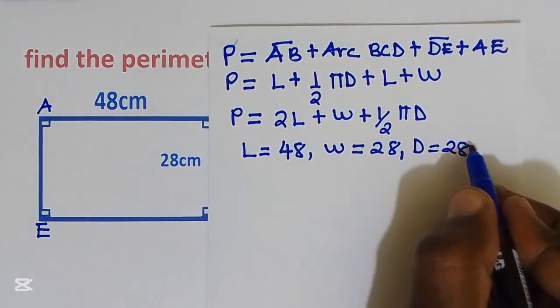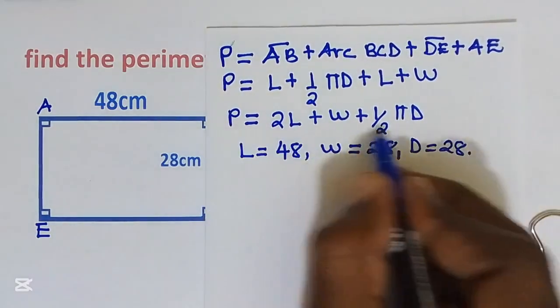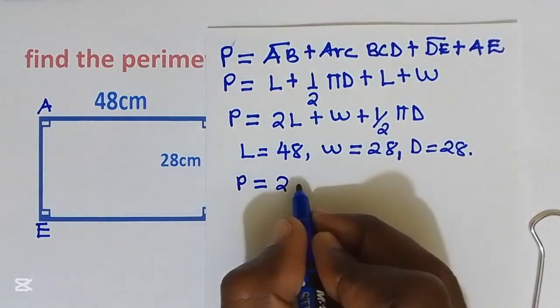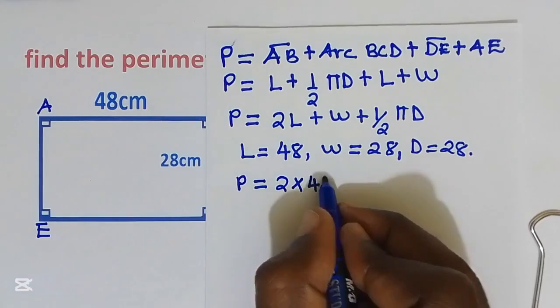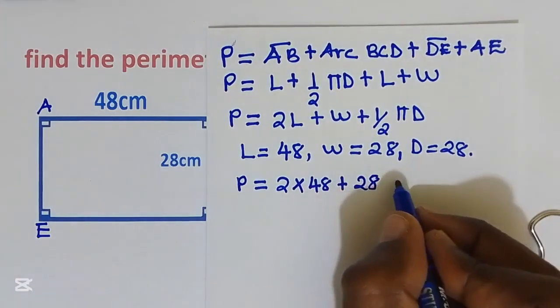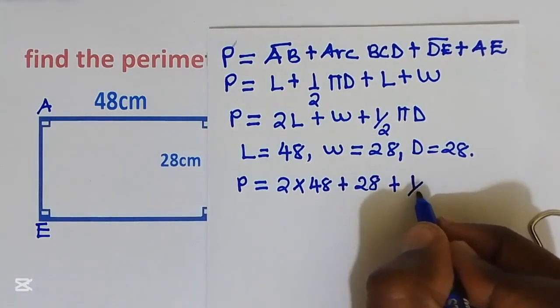Let us substitute these values into the formula. We are going to get perimeter is equal to 2 multiplied by 48 plus 28, plus a half.